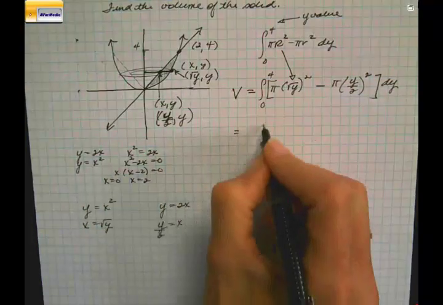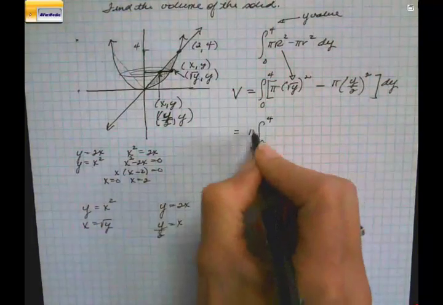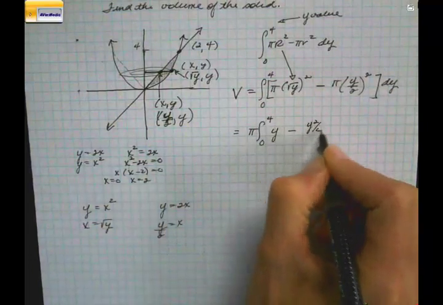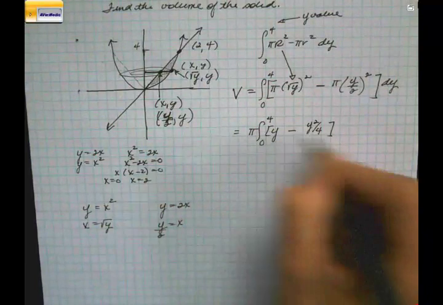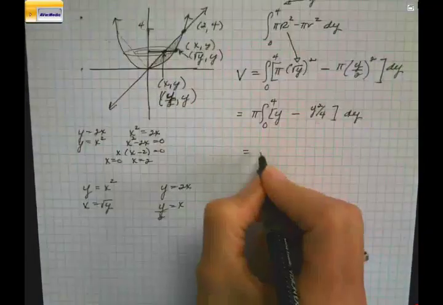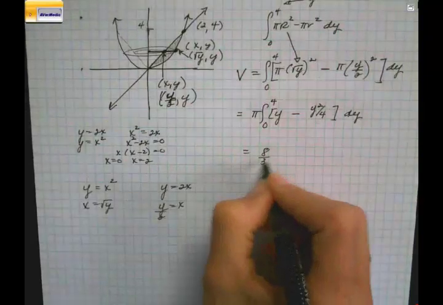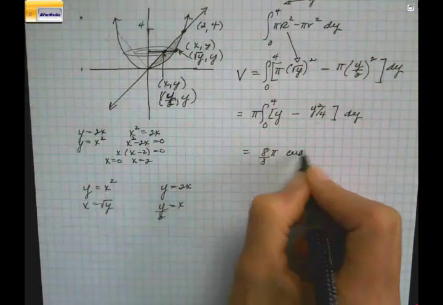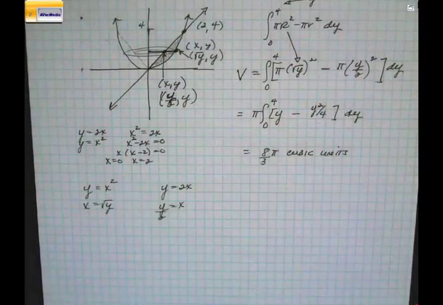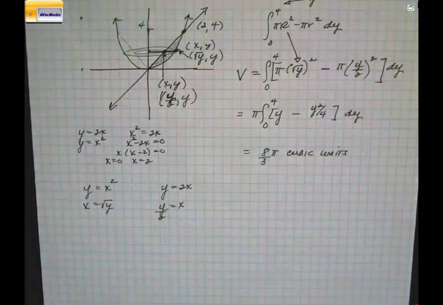So without doing the whole thing, this is 0 to 4. You can pull the pi out front. This would be the integral of y minus y squared over 4 dy. It wouldn't be that difficult. And this turns out to be 8/3 pi cubic units, the volume of that thing spinning.